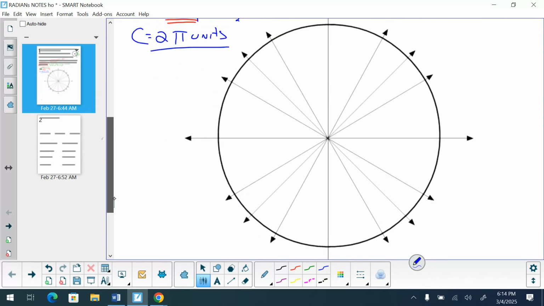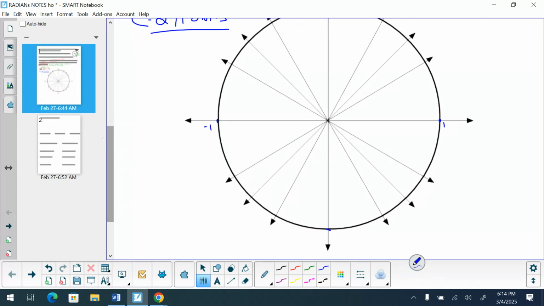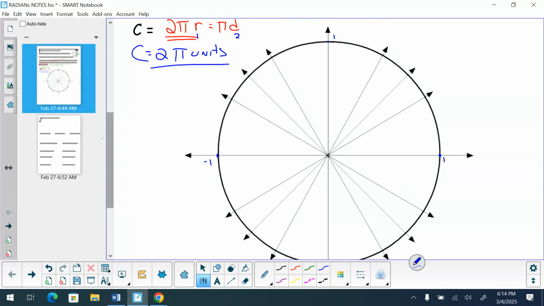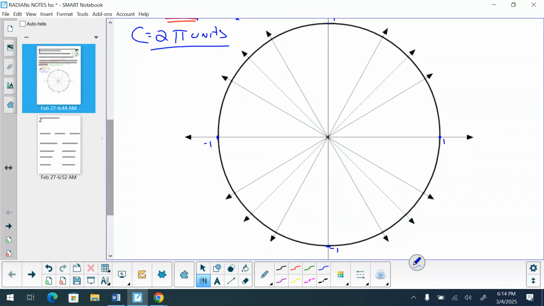So if we take a look at a circle here, we're going to call this a unit circle, which means this is a point 1, this is 1, this point here is -1, this down here is -1. This would be a unit circle. And if we assign some ideas of degrees to this, if we would spin, this has been our 0, all the way around the circle.